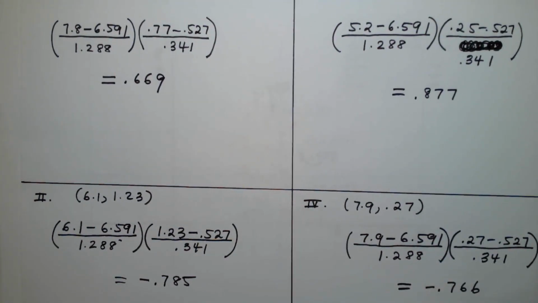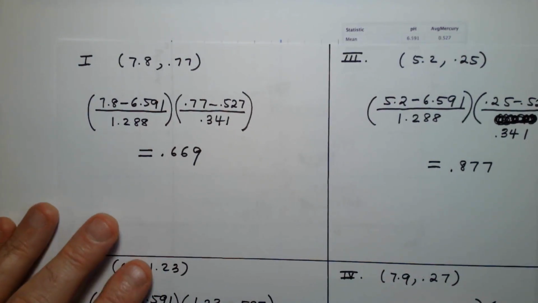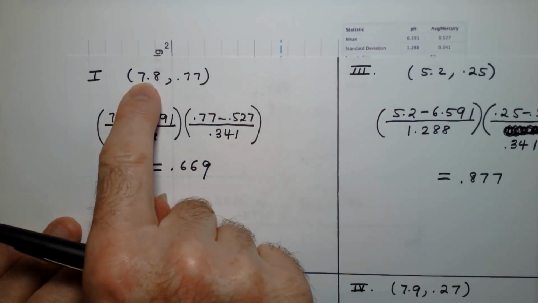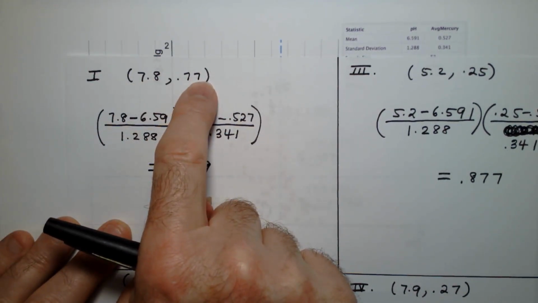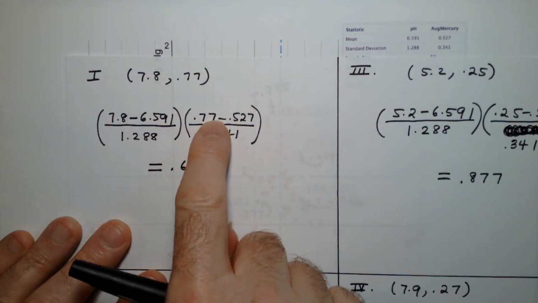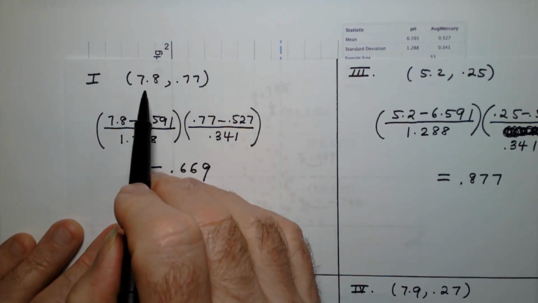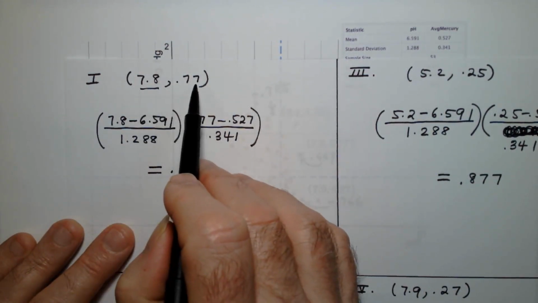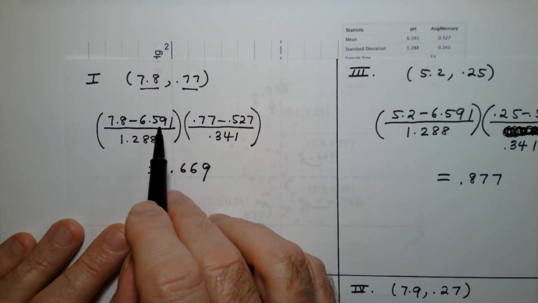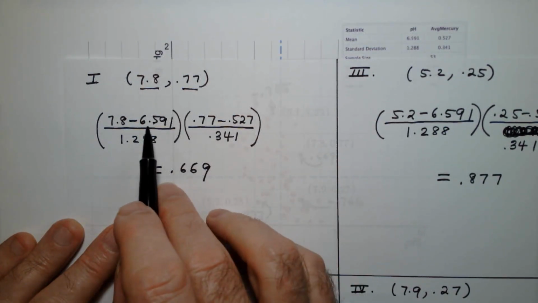Let's go back and look at our calculations and see if we can see how that came out to be. For instance, in quadrant 1, our coordinates were 7.8 and 7.7. We plugged them in to calculate their standard scores, and then we took the product. Now, what's interesting about a point in quadrant 1 is that both the x and the y coordinates are larger than the mean.